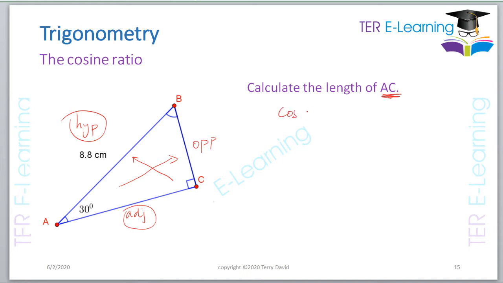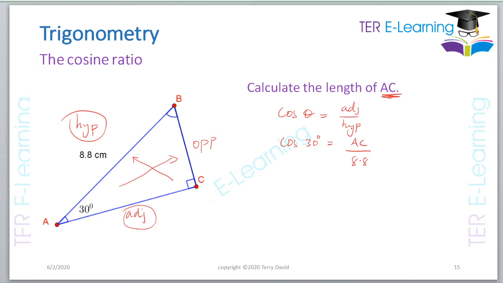So cos theta is equal to adjacent over hypotenuse, right? So cos 30 degrees is equal to adjacent. Adjacent is what you don't know. So that is going to be AC divided by my hypotenuse, which in this case here is 8.8.